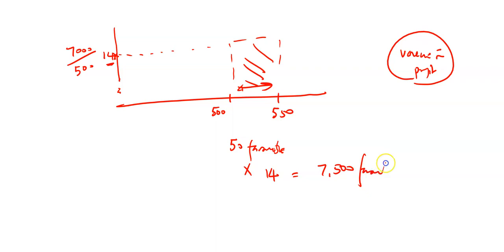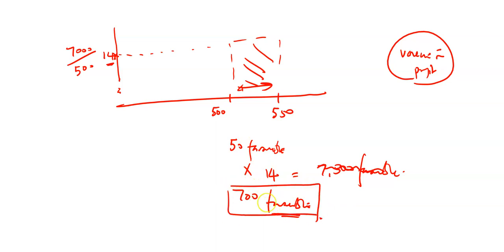Oh, sorry, forgive me, what is 5 times 14? 50 times 14 is 700. So that's 700 favorable.